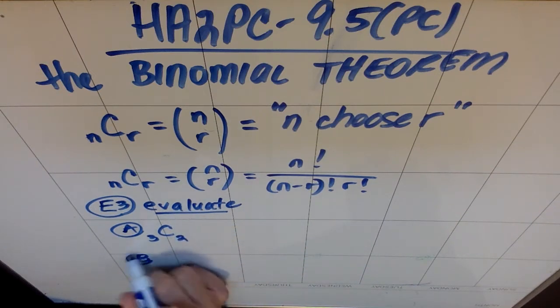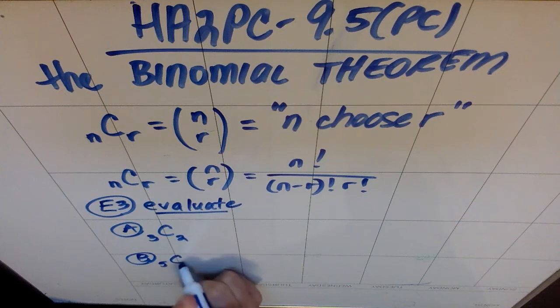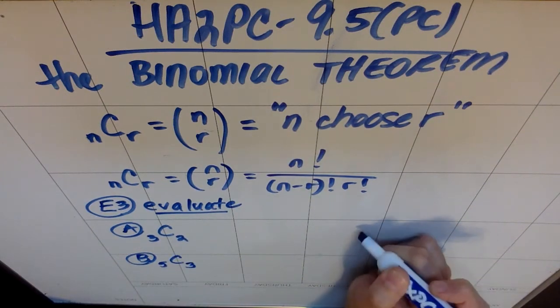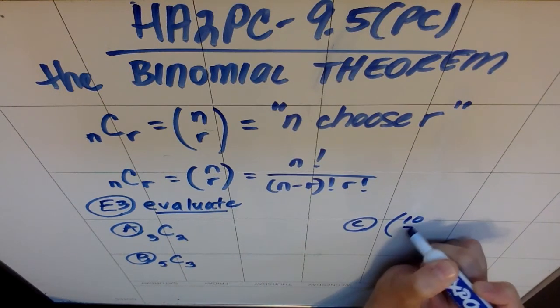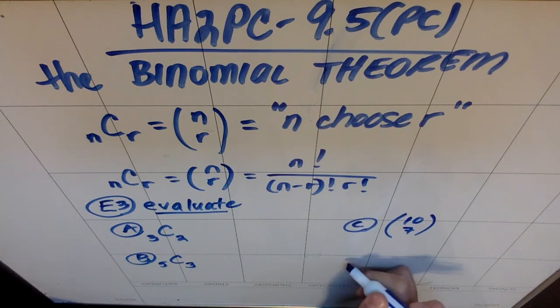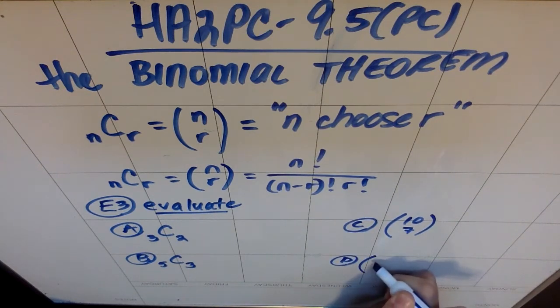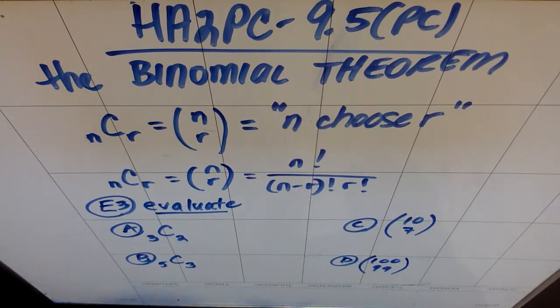We're going to do 5 choose 3. We'll do 10 choose 7. And we'll do, I don't know, let's do 100 choose 99, because that'll prove a point.